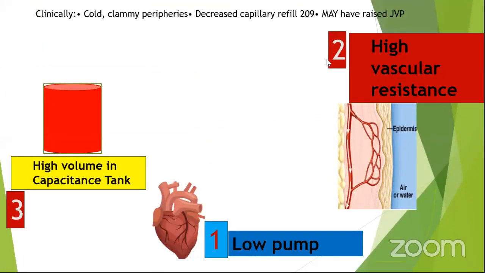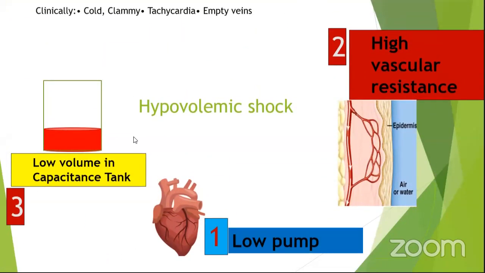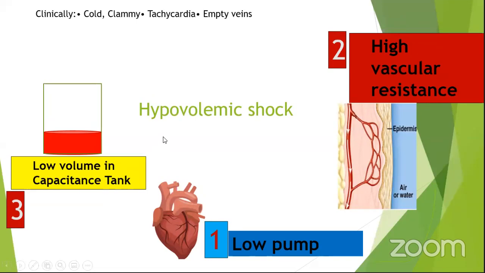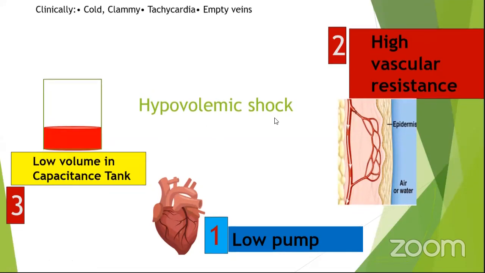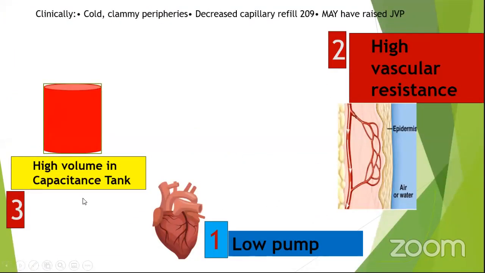So here there is another scenario. If you see here, there is a low pump, but there is high vascular resistance, and there is high volume capacity. If you compare to the previous one, there was low volume capacity, which goes with hypovolemic, while in this case there is high volume. It's the same: low cardiac output, high vascular resistance. So is it distributive or resistive?